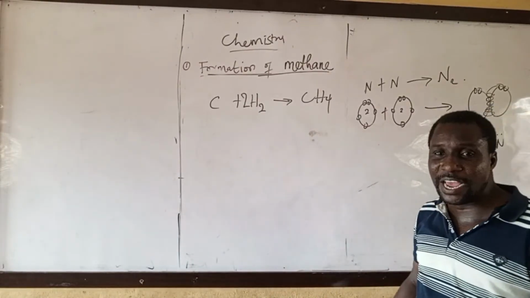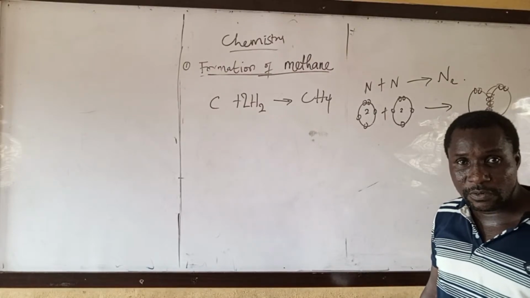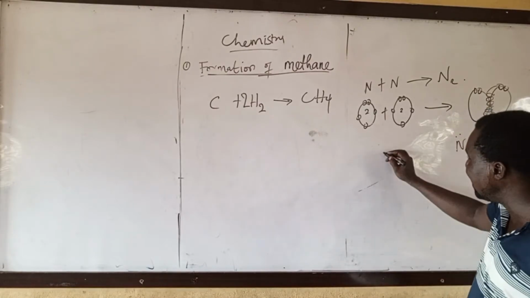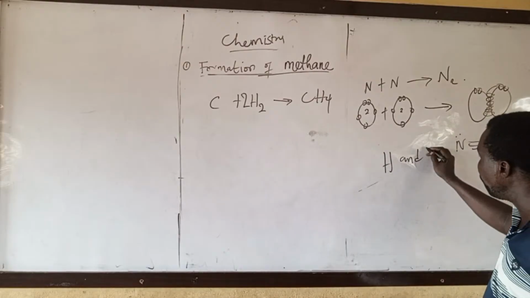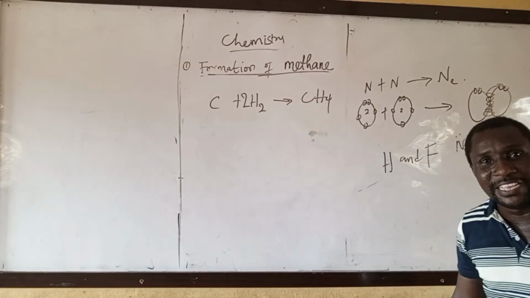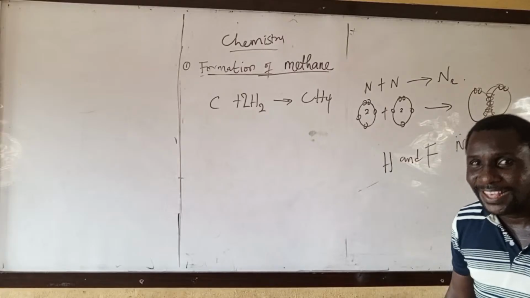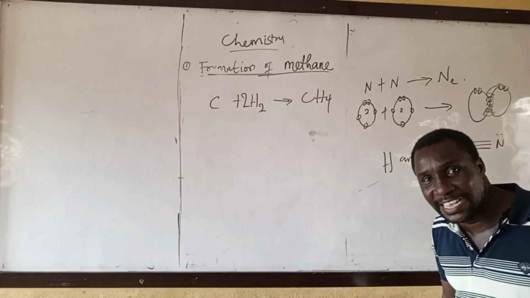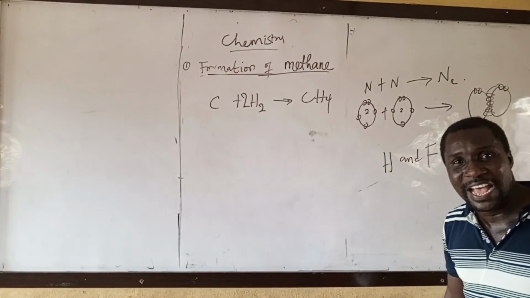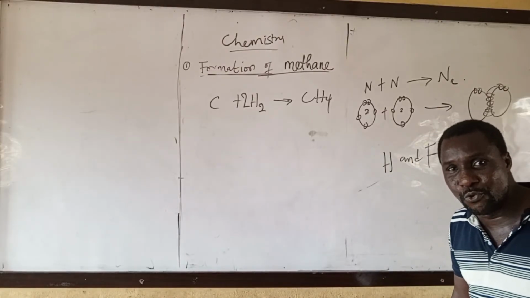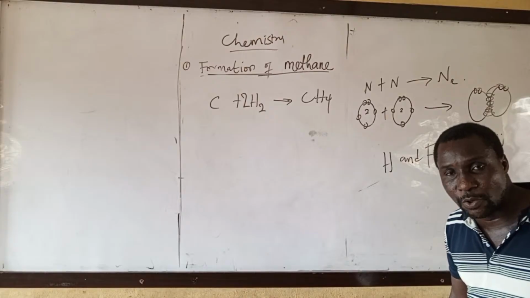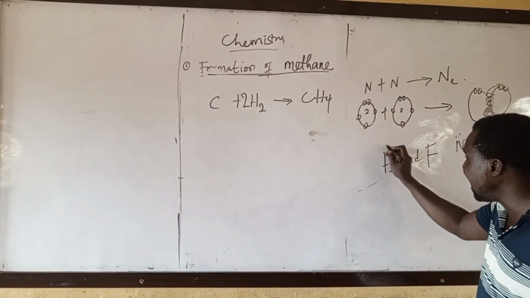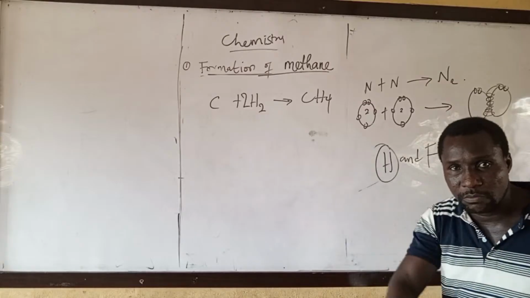Class, which one is the central atom? Carbon. I told you hydrogen and fluorine can never be a central atom. Why? Because hydrogen has one shell.